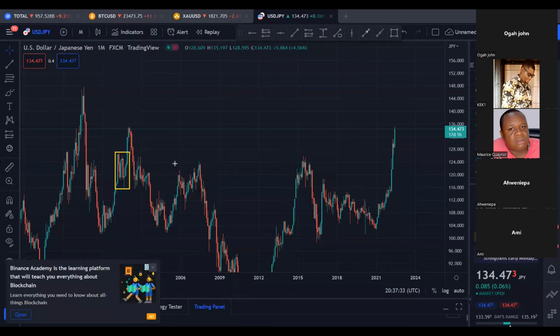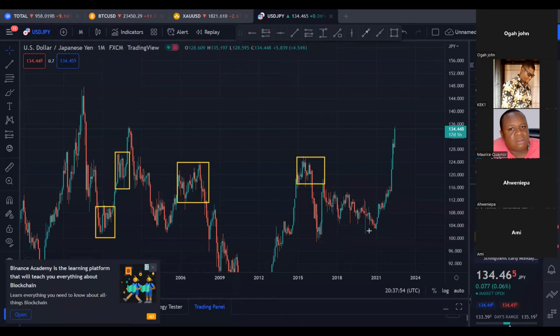Then we really need this data, but not too much. But I will look into it. Then I'll also mark this level. Now, when you look at how it moves and the impulse move, also related to how it observed this level.